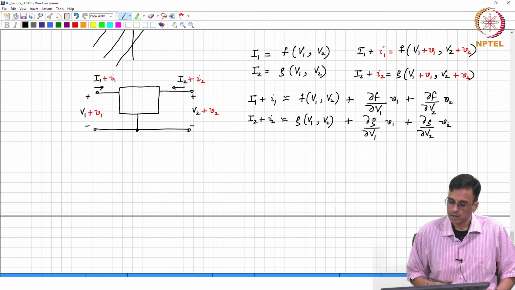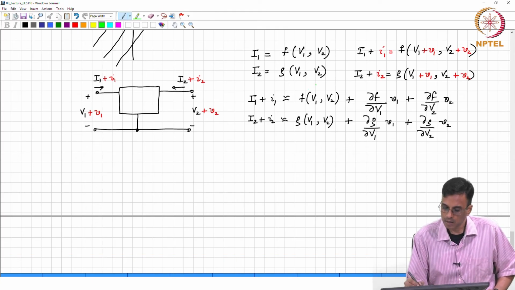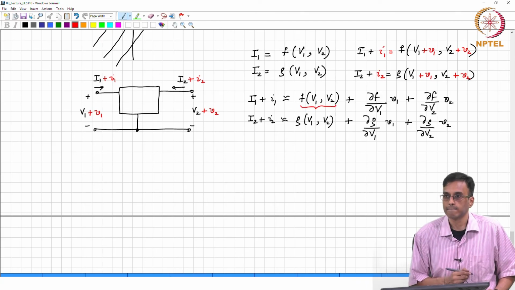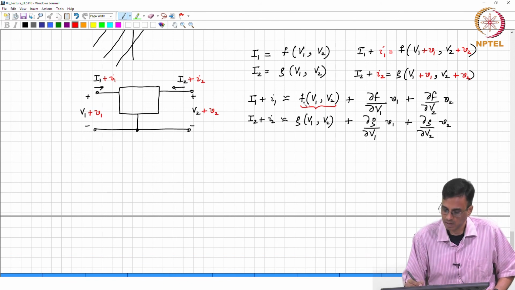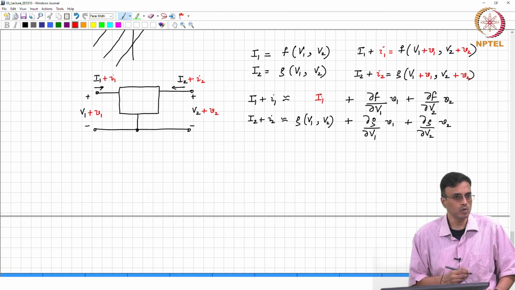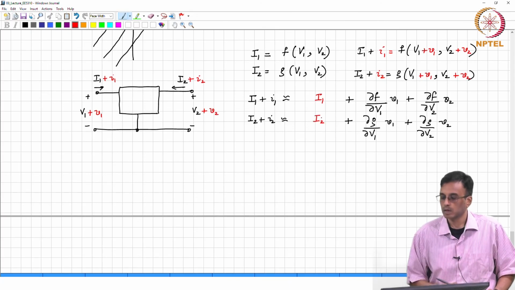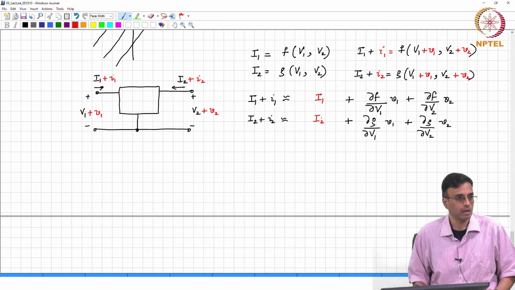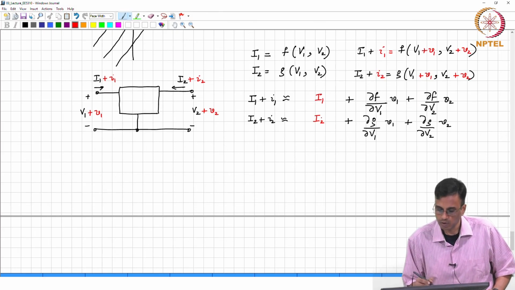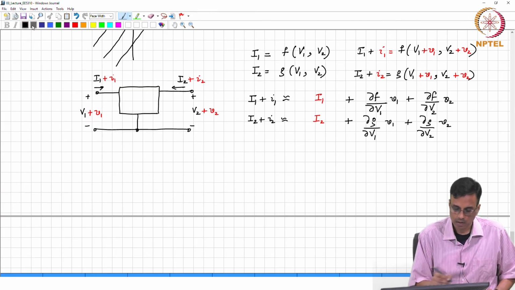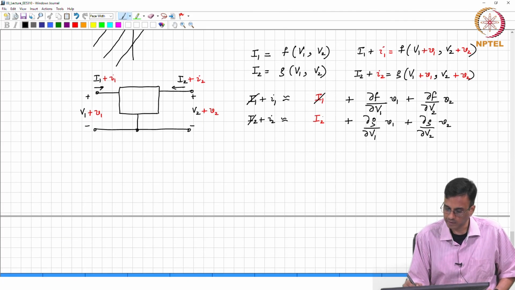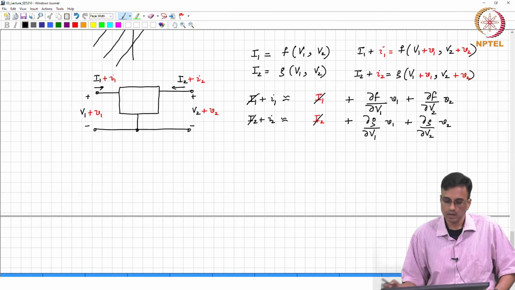And this of course we know to be, what is that quantity? What is f of V1 comma V2? That is nothing but I1. Similarly, what is g of V1 comma V2? I2. So, therefore, this guy and that guy go away, likewise those two terms go away, and what do we have?